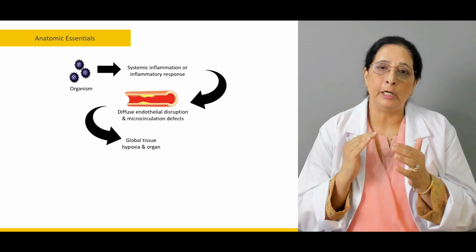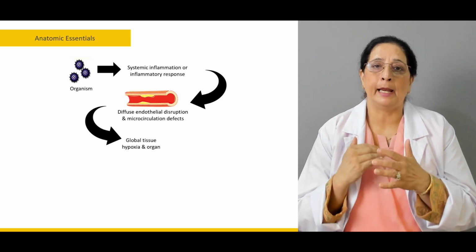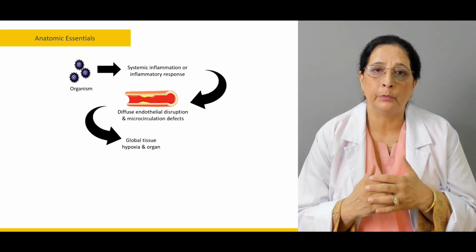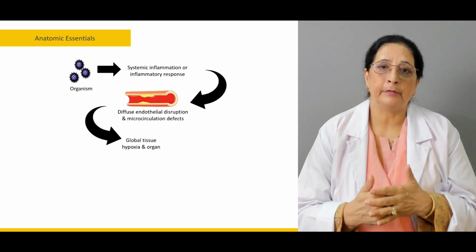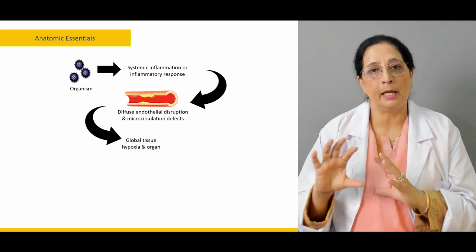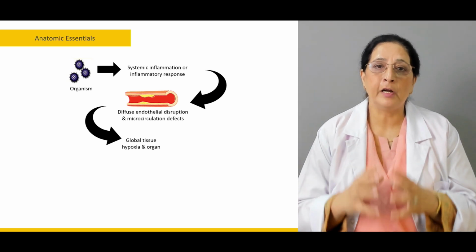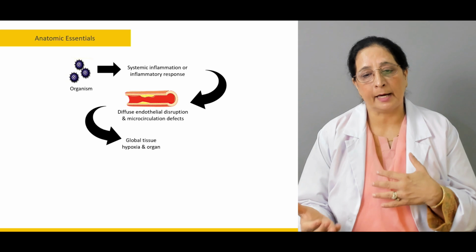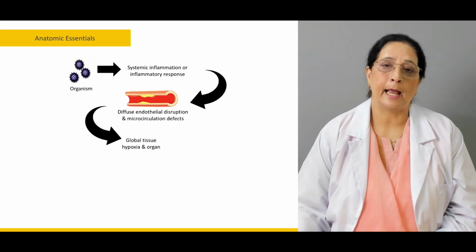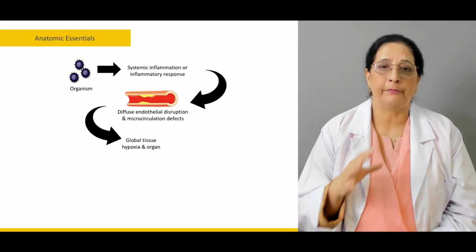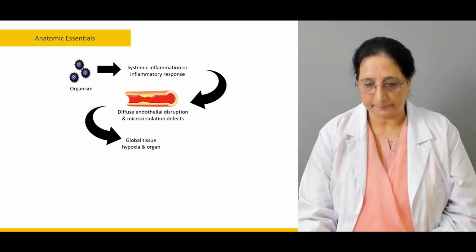If the endothelium is destroyed at the level of microcirculation, then the supply of oxygen to the different organs of the body is affected, and this can cause hypoxia of different organs.